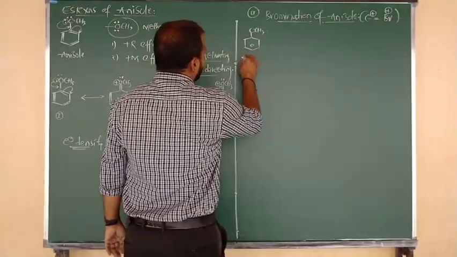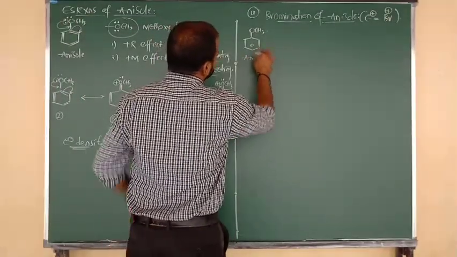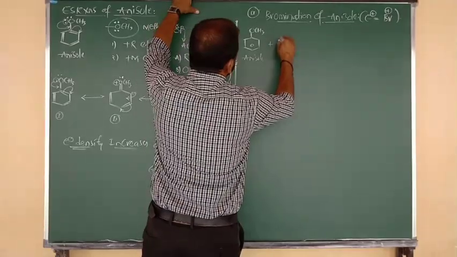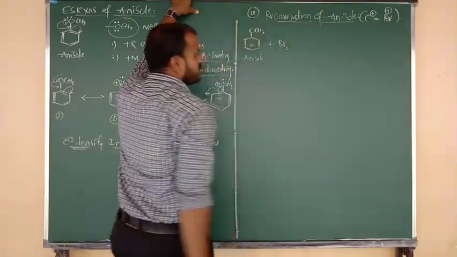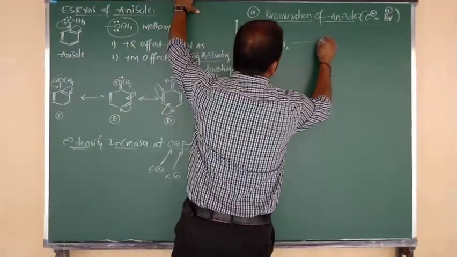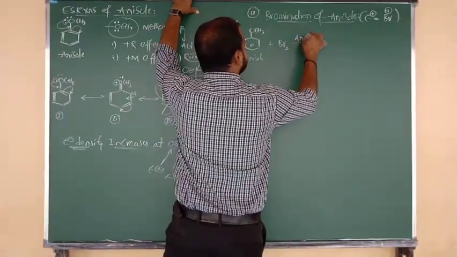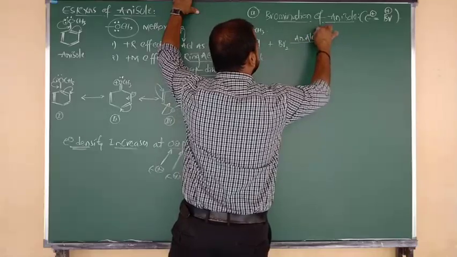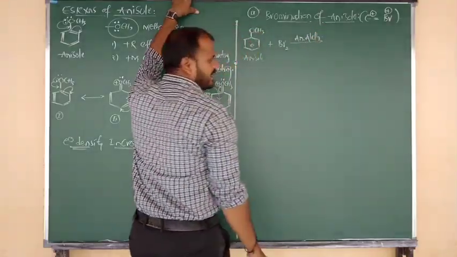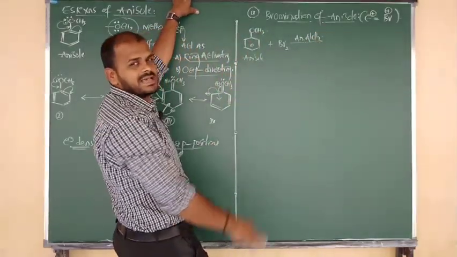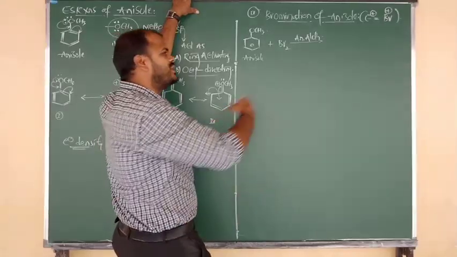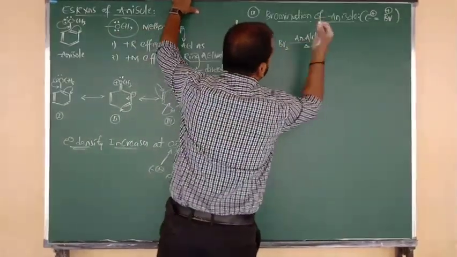So now anisole undergoes bromination. What do you mean by bromination? Addition of Br2, or we can say reaction with Br2. Bromination takes place in presence of Lewis acids like anhydrous AlCl3 and also FeBr3, any respective Lewis acid we can consider to increase the rate of reaction.